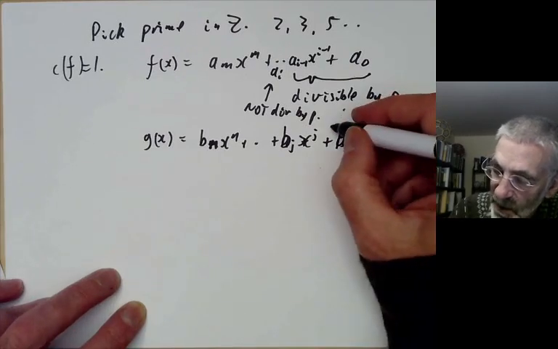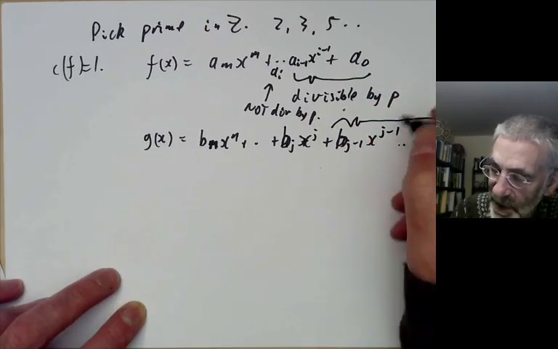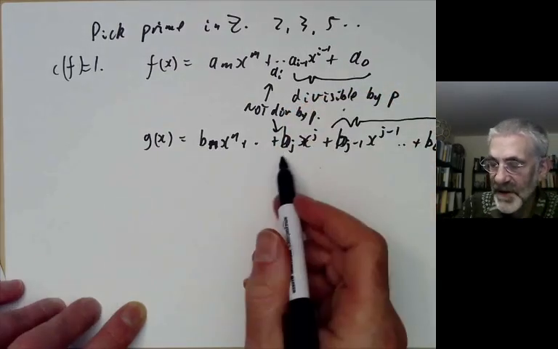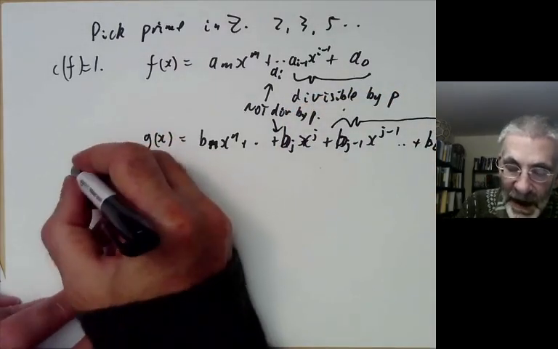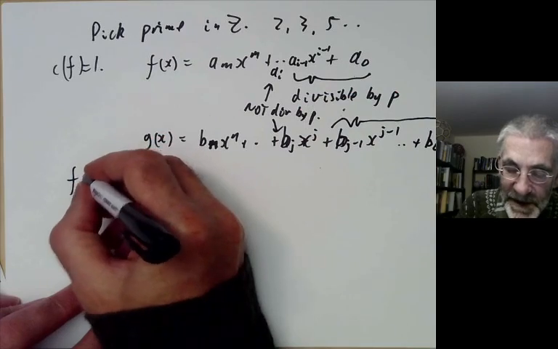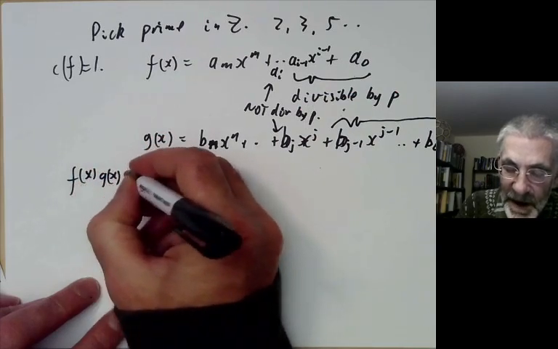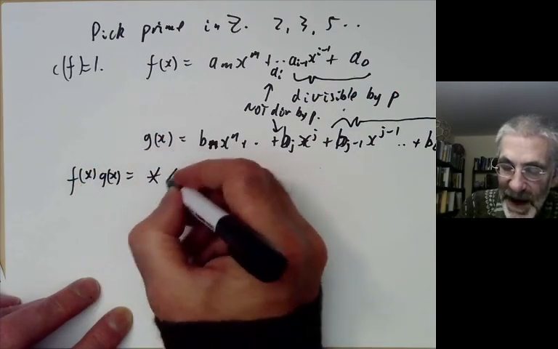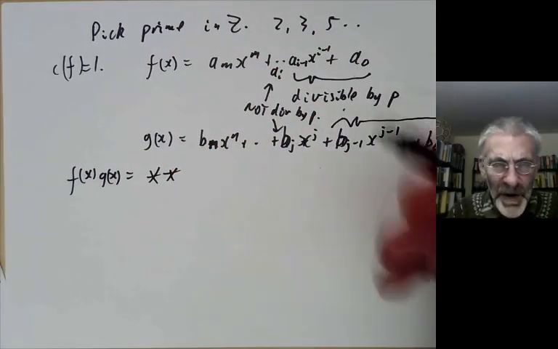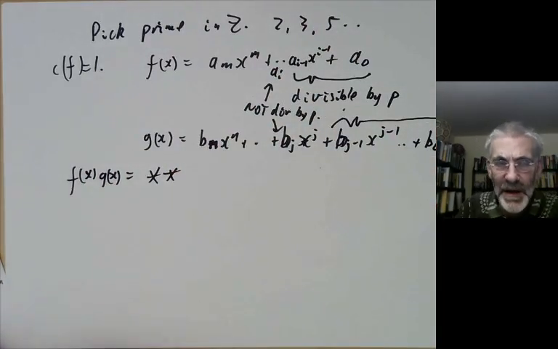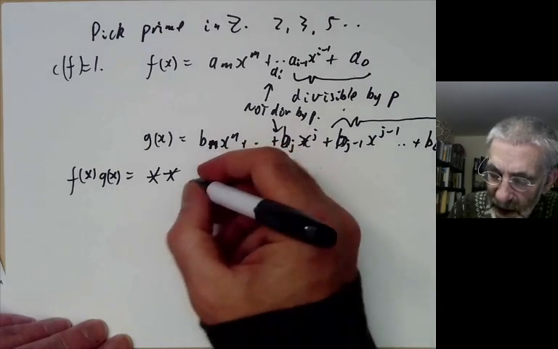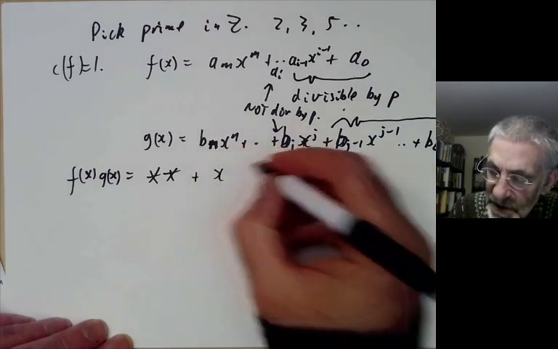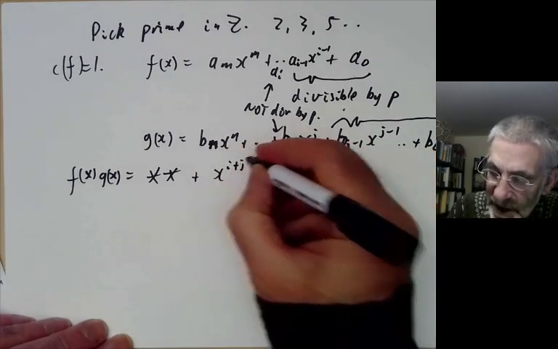And again, we can assume that these ones are divisible by p, and this one is not divisible by p. And now if we multiply f(x) times g(x), this is going to be some complicated mess. I mean, you know the formula for the product of two polynomials is long and messy. But let's look at the coefficient of x^{i+j}.